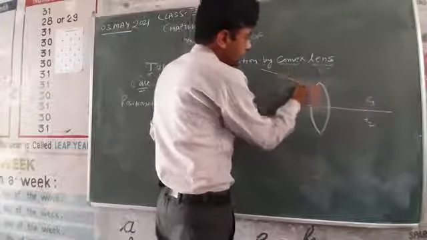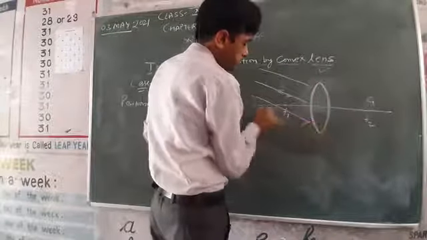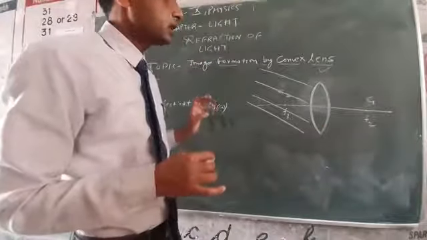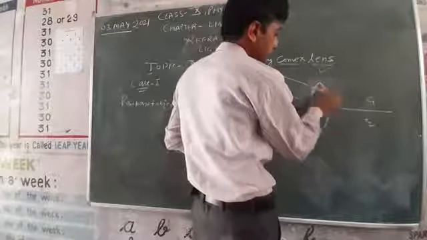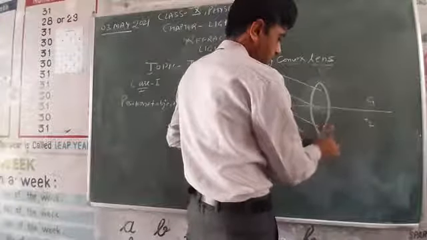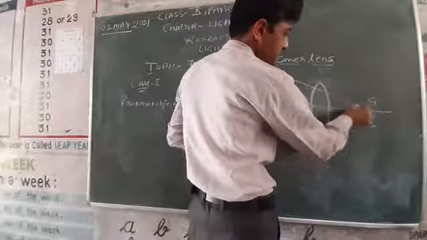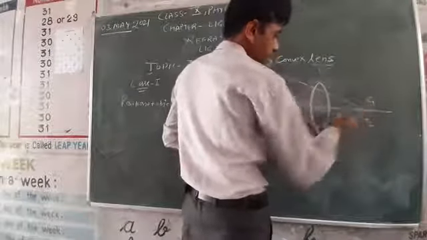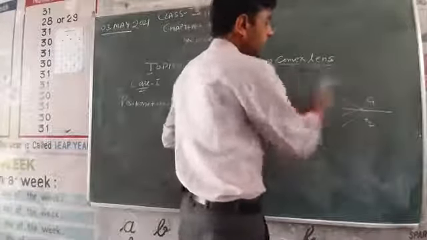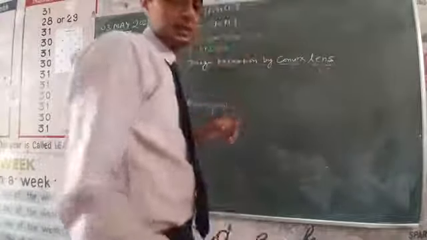If rays of light come in obliquely, then all the rays converge at a point F. But simply you can take the rays of light traveling parallel to the principal axis.